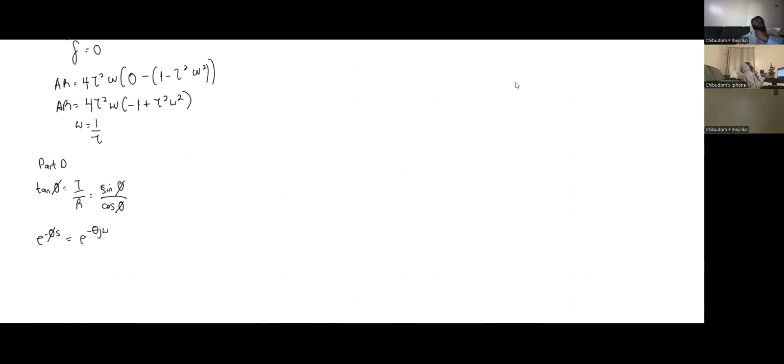Euler's formula is always going to give cosine plus the sine, and because of that negative, it's going to be cosine minus sine of the W.